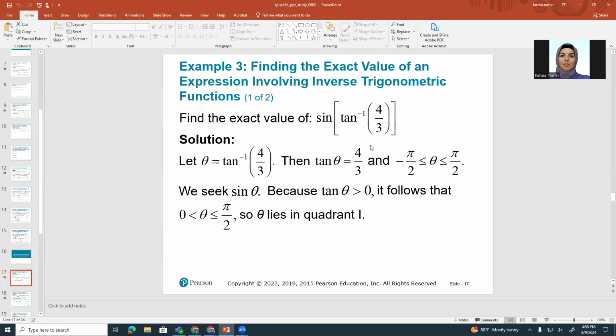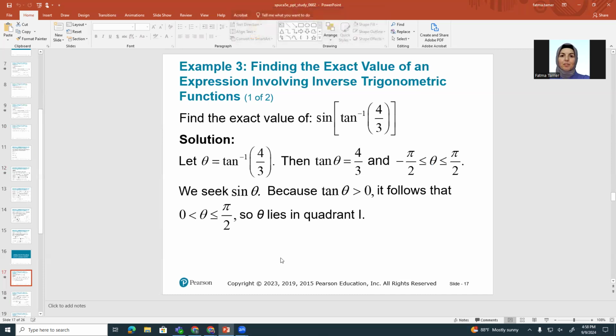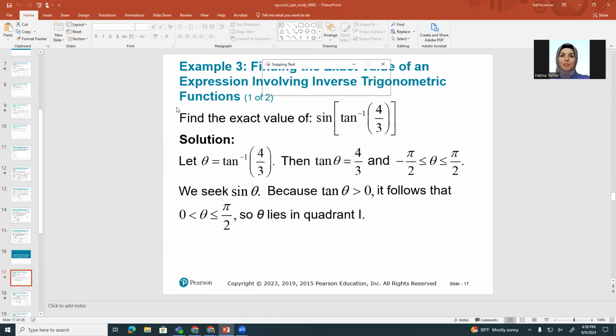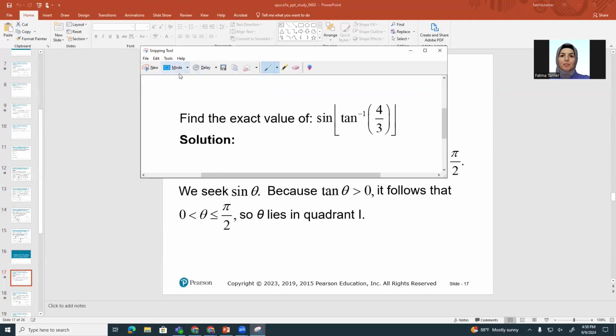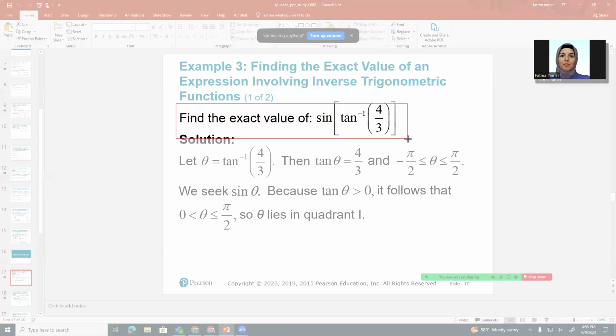I am going to share how I would approach this problem. For this question, we're going to copy this portion and then paste it on the board.